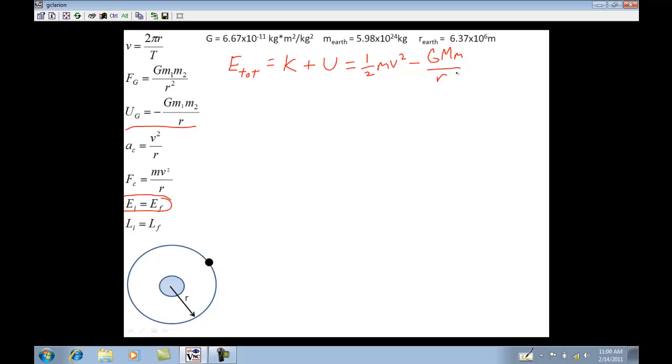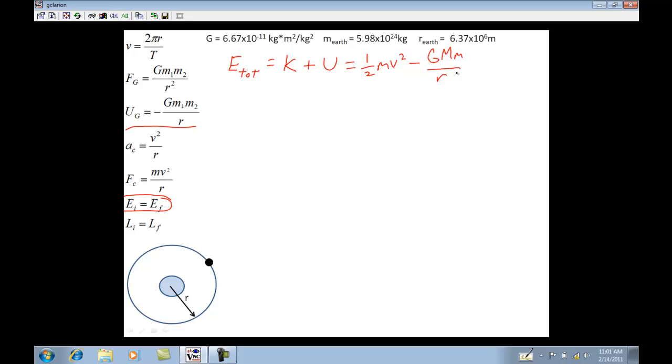Now, the gravitational potential is always relative to some arbitrary point. In this case, we're making the arbitrary point 0 at infinity. If you want to, we can spend some time later going into why that's negative, but right now I just want to get you these equations because we're short on time.